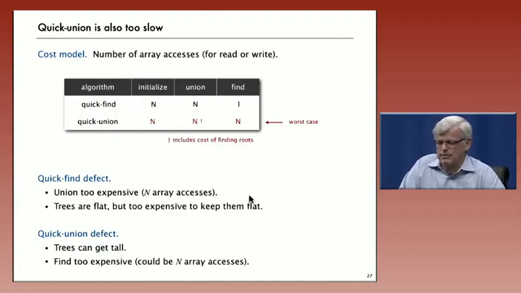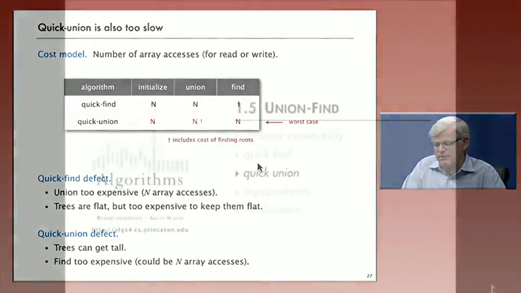And the defect for quick union is that the trees can get too tall, which would mean that the find operation would be too expensive. You could wind up with a long skinny tree of each object just pointing to a next, and then to do a find operation for object at the bottom would involve going all the way through the tree, involving n array accesses just to do the find operation. And that's going to be too slow if you have a lot of operations.